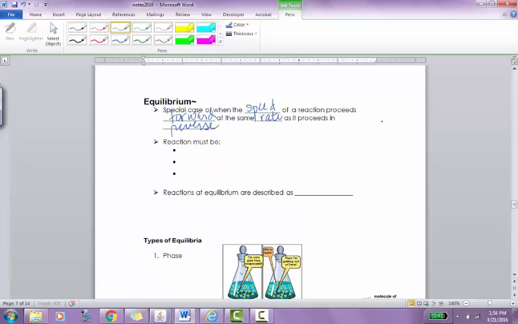Okay? So however fast the reaction is going forward, it's going in reverse at the same time, at the same rate.